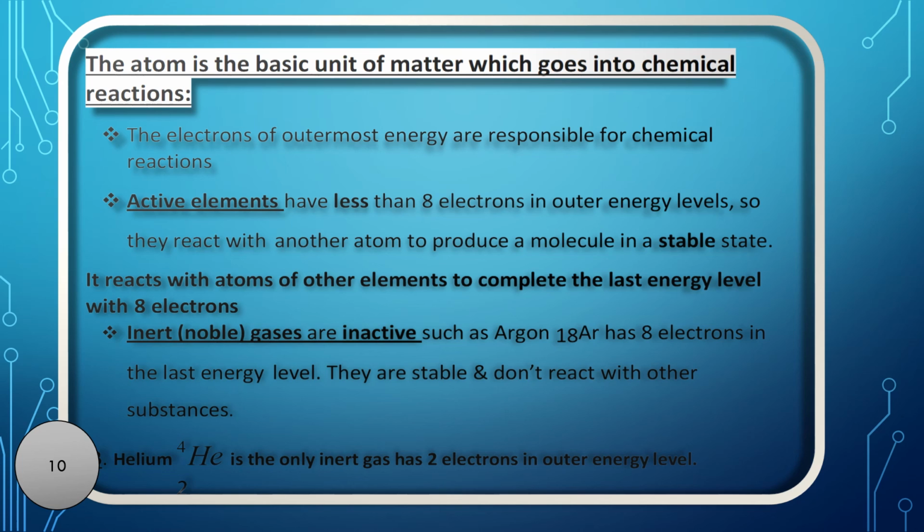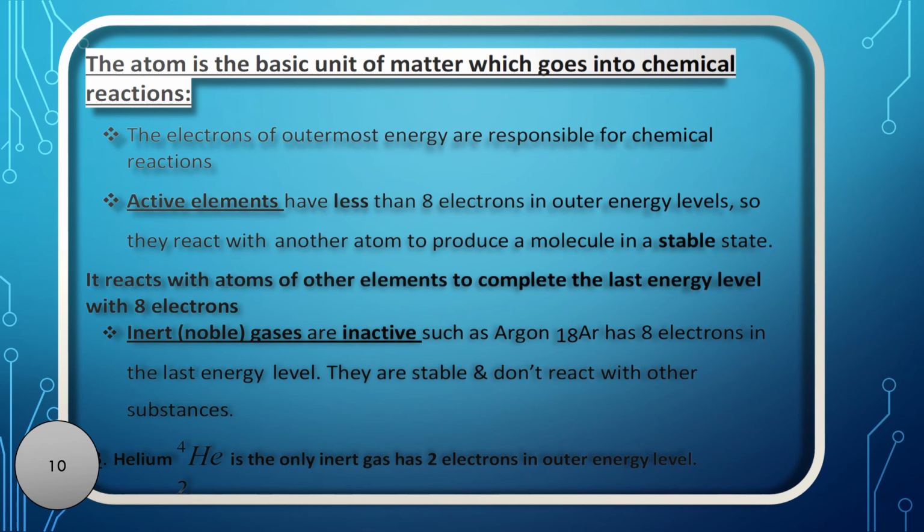While if the last energy level, or the outermost energy level, is completely filled with electrons, in this case, it will be an inactive element, or inert gas, or noble gas.